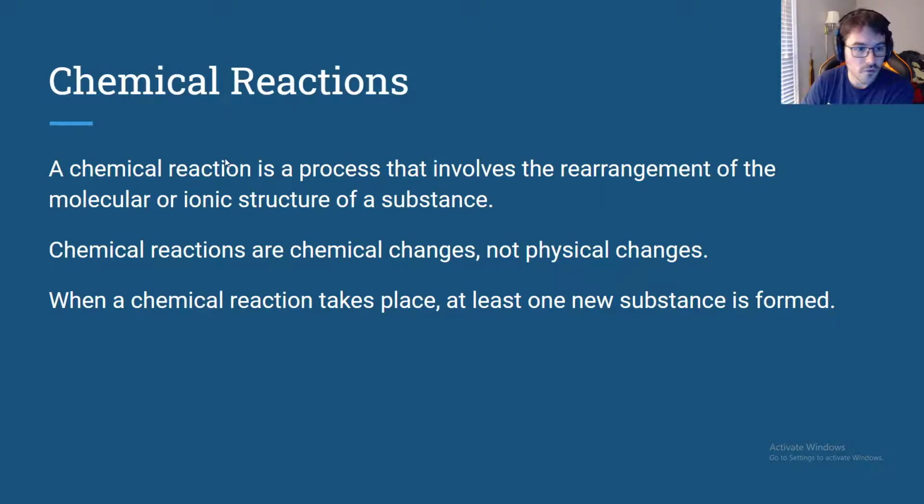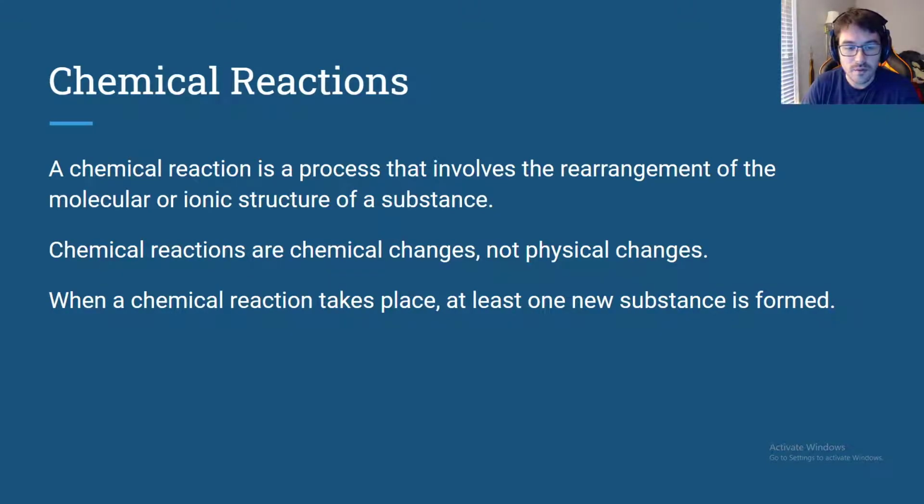Okay, so first of all, let's talk about what a chemical reaction is. A chemical reaction is some process that involves the rearrangement of the molecular or ionic structure of a substance. What that means is that atoms are moving around, okay?